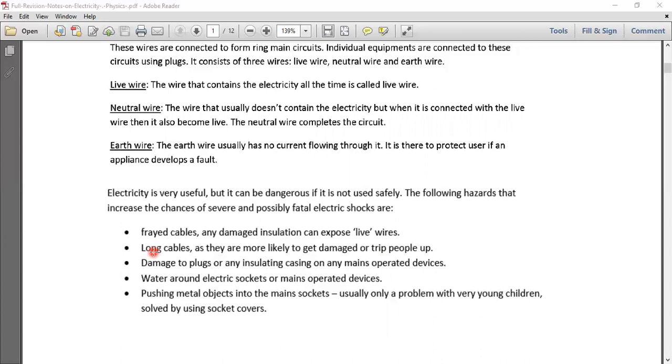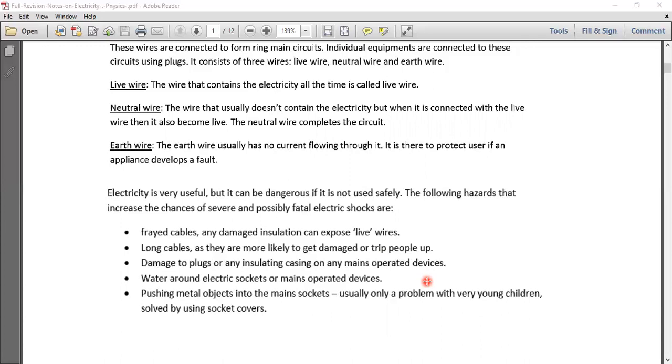The third point is damage to plugs or an insulating casing in any mains operated devices. That means if your device is broken in some part, or badly damaged, that device is not safe to use until it is repaired.